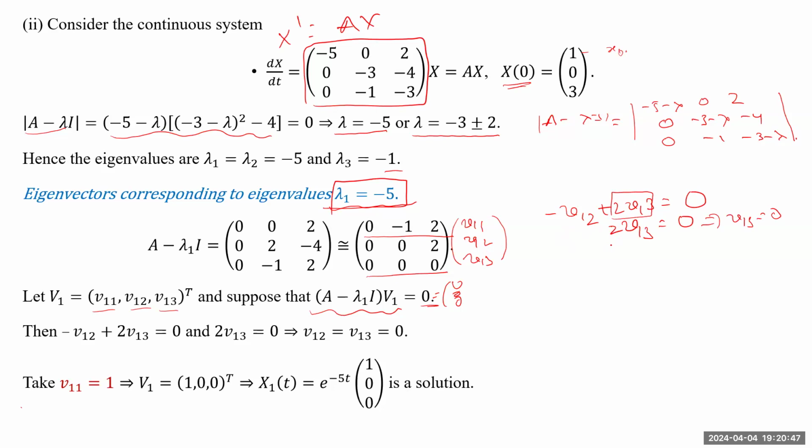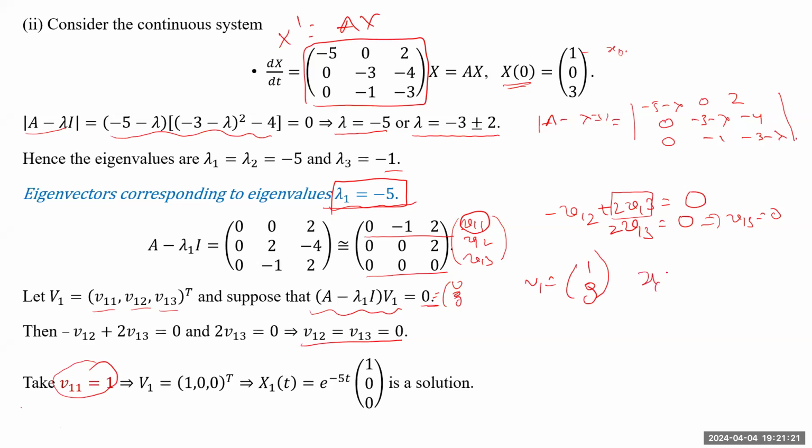So V12 and V13 are equal to 0, which means V11 is the arbitrary element in that vector. This is our choice, so you can take V11 equal to 1. Then your vector V1 is equal to 1, 0, 0.